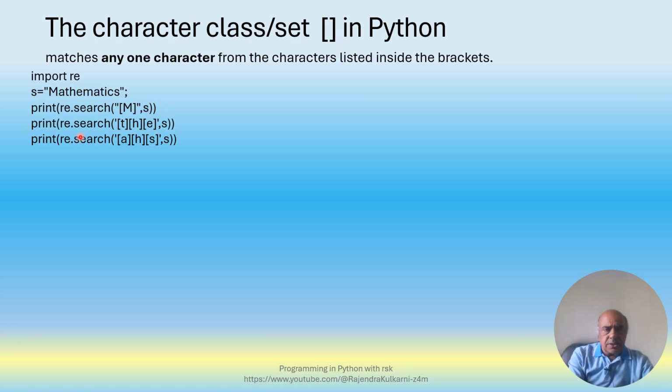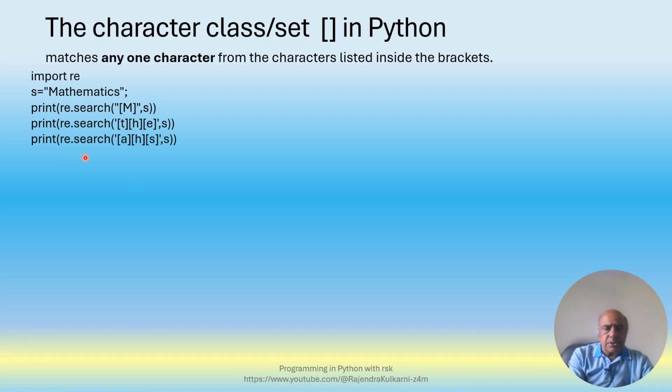The second search criteria we have given is T, H and E individually enclosed in the square brackets, and the whole thing enclosed within single quotes here. We can have double quotes also.